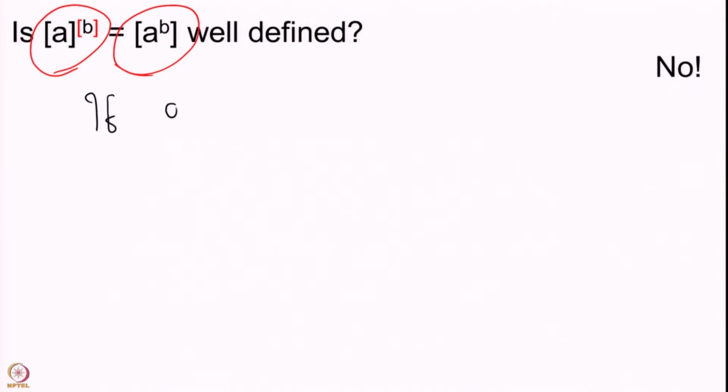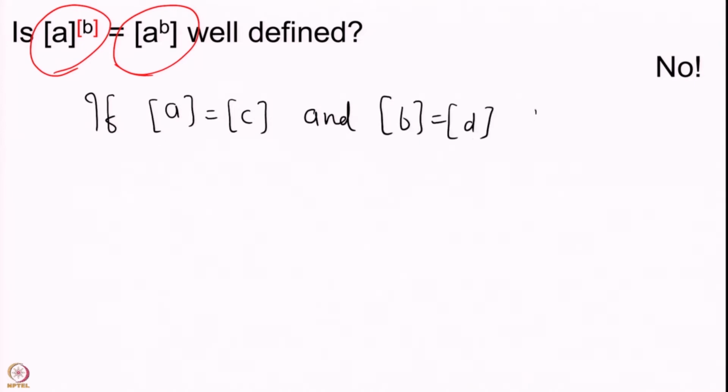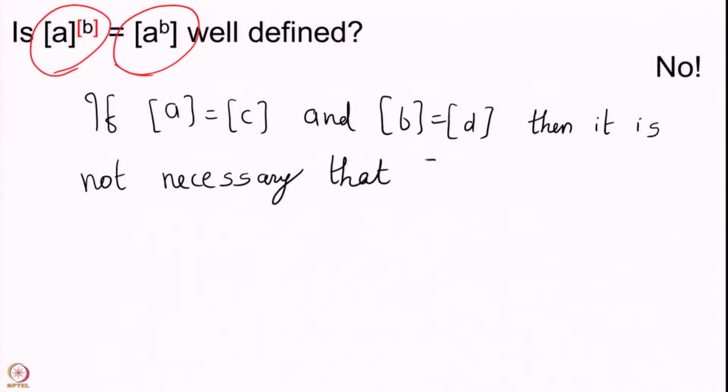So, what I am saying is that if you have a class of some element A to be equal to the class of an element C, and the class of B is the class of D, then it is not necessary that the class of A power B is equal to the class of C power D. This is really the problem.